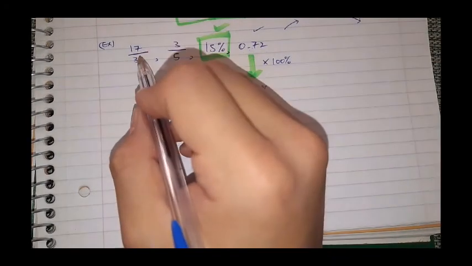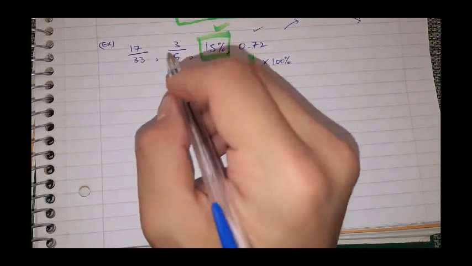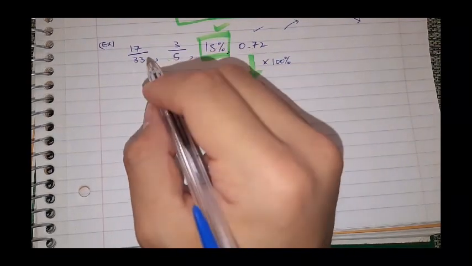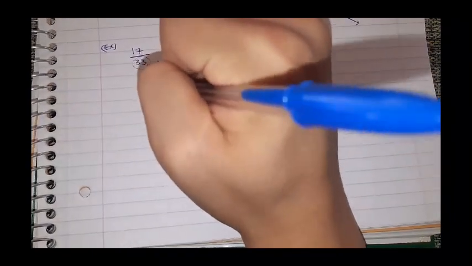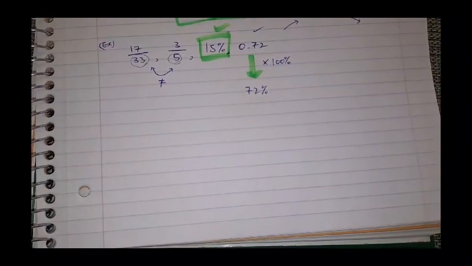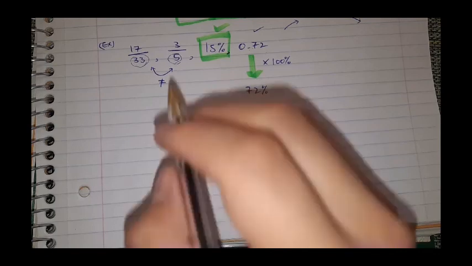Next one, fraction. The reason that fraction is tough to compare is because denominators are not equal. That's why whenever that happens, it is a good idea to convert it into decimal. If it's multiple choice, you can try the calculator, but let's do a written response situation.